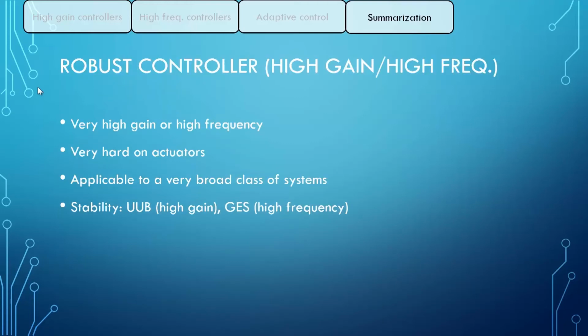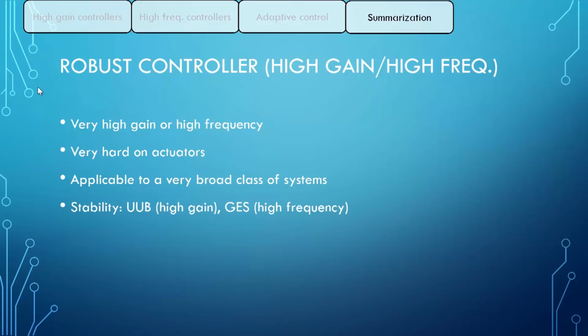And how about robust control, high gain control? Robust controllers include high gain or high frequency, right? Because high gain can obtain UUB stability, high frequency can obtain asymptotic stability, and they are all robust to disturbances.